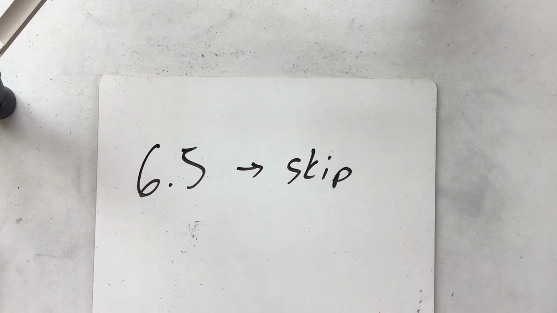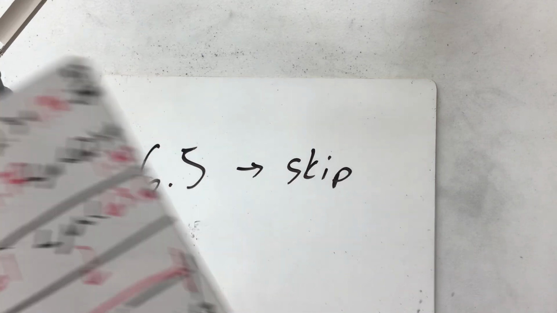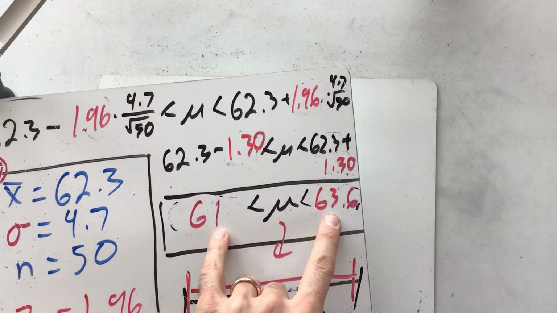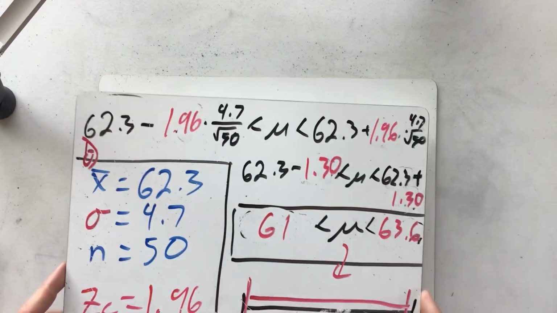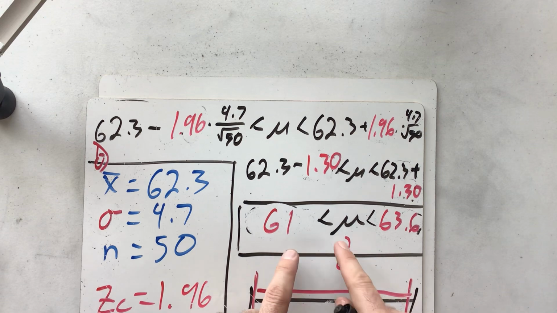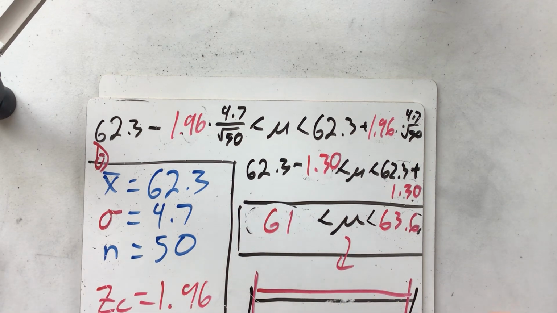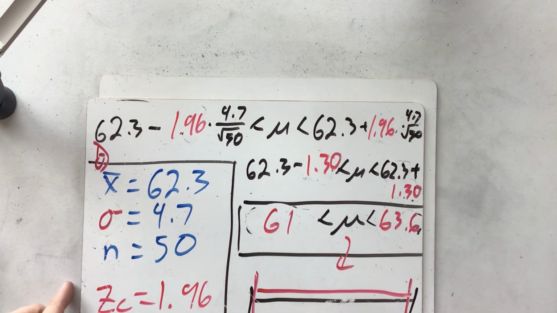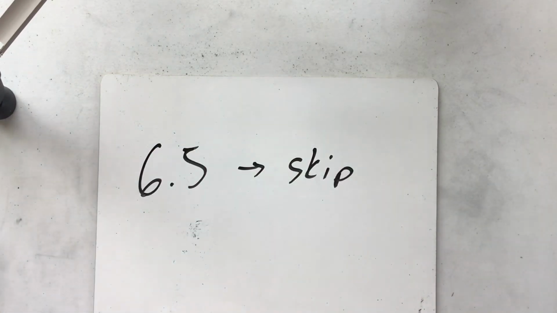So if you're doing a problem, and say you were doing this car problem a second ago, and you wanted, instead of our confidence interval going from 61 to 63, so this has a range of about 2.6, if I wanted my confidence interval to have a range of, say, less than 2, say if I wanted to just have 1 on each side from the middle, or 0.5 on each side of the middle, could I figure this out? The answer is yes, I could figure it out.